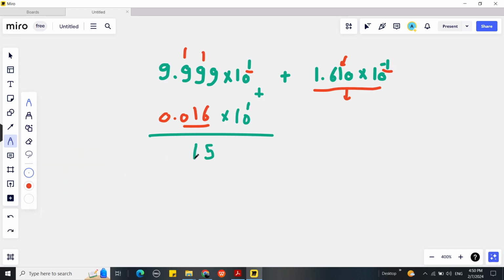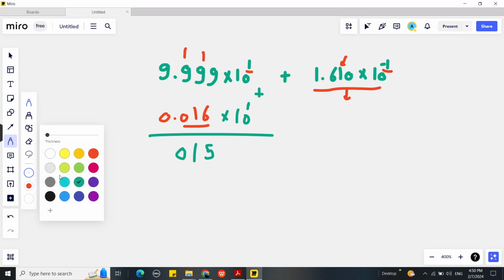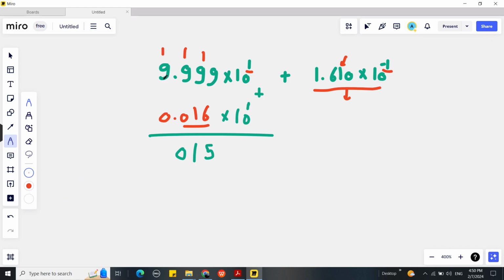I mean, like, simple math, I don't need to explain it. So now I have 1 plus 9 is 10, 10 plus 0 is 10, so I have 0 here and I have 1 here, which is gonna be equal to 10.015 times 10 power 1.